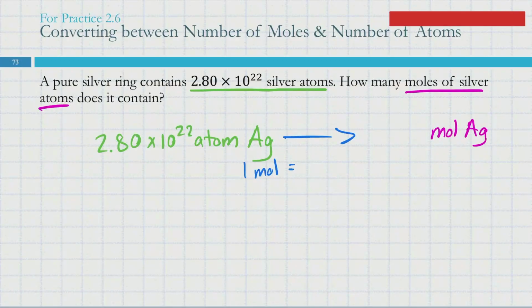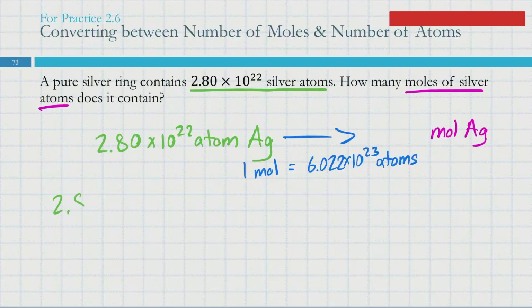Our conversion factor is Avogadro's number. 1 mole of anything equals 6.022 times 10 to the 23. In this case, it's going to be atoms. It could also be other things, but just whatever the singular unit is. And then we have to figure out which of these 2 do we want to be on the top, which one do we want on the bottom. So we're starting with atoms, so this Avogadro's number of atoms will go on the bottom.